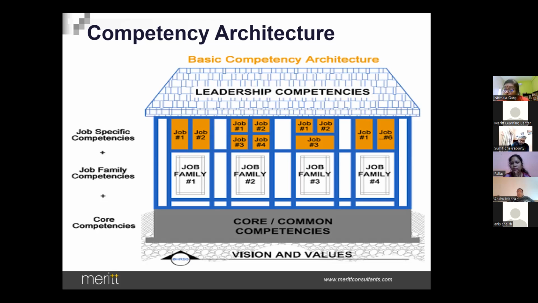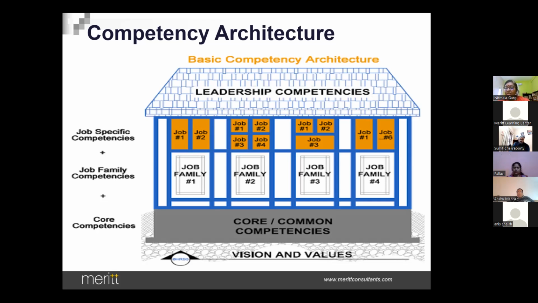Why? Because you want to increase productivity, have high quality, and deliver to the customer at the right time with high speed, right? So it will be operational efficiency. For a person who's into product development, it is a lot of innovation and creativity. So you are able to understand, right?